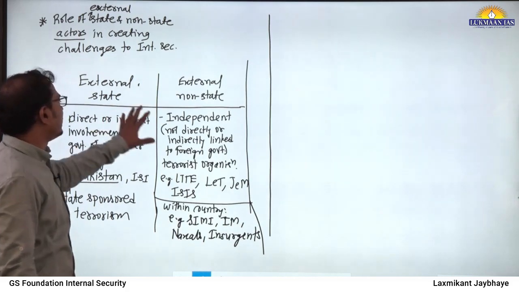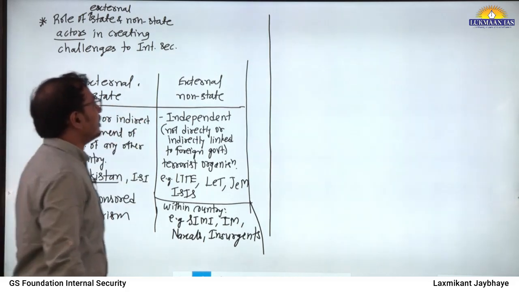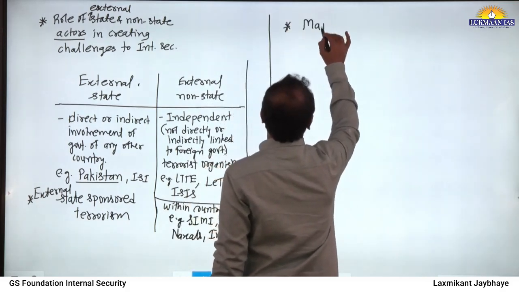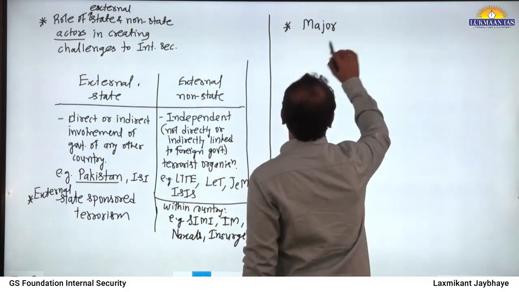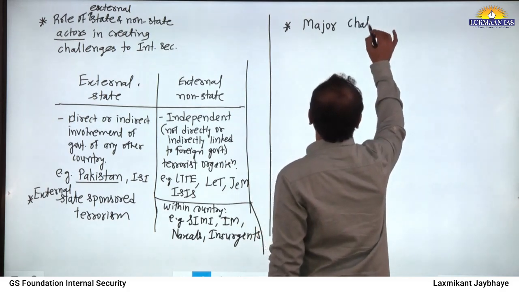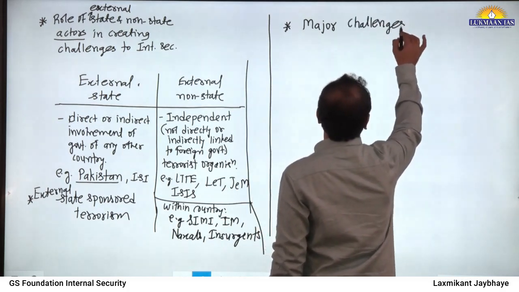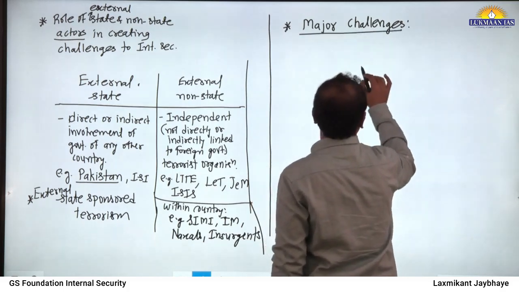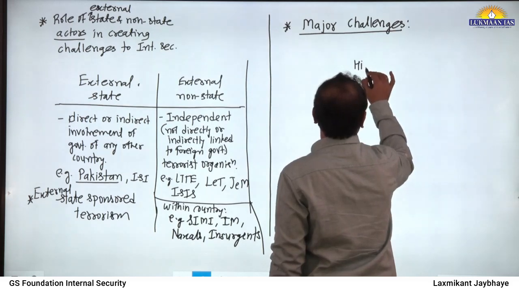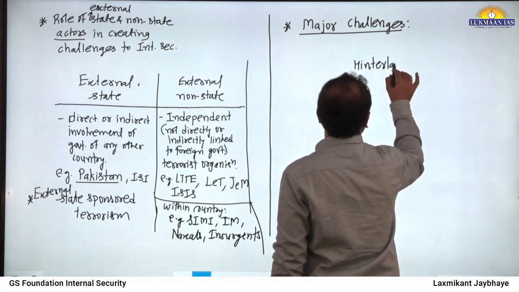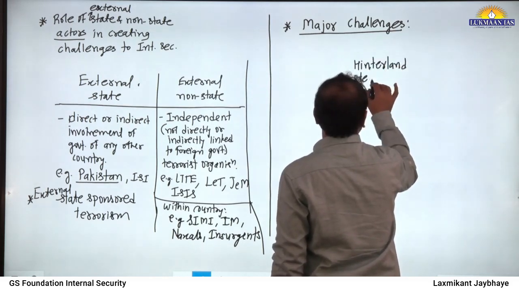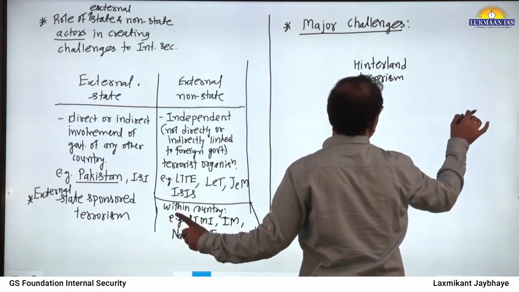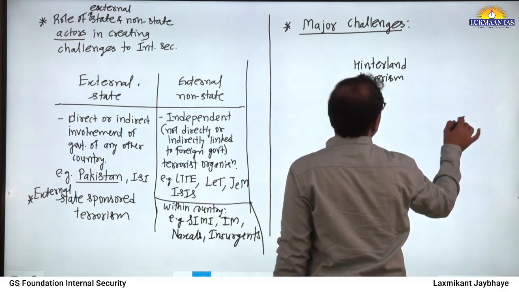Now after understanding these threats, the major challenges are fourfold. So I will write here: hinterland terrorism, from state and non-state actors, we are talking about the challenges.